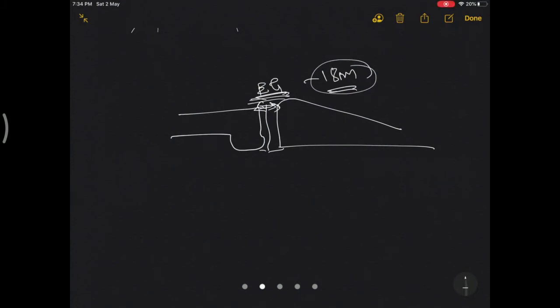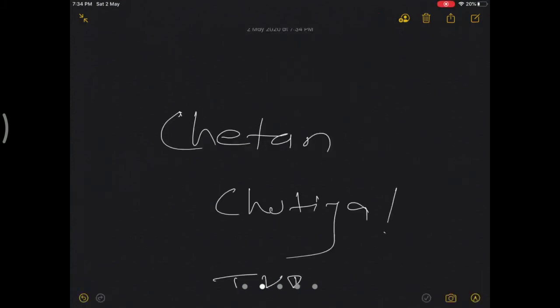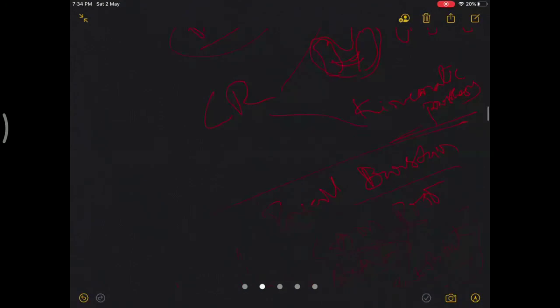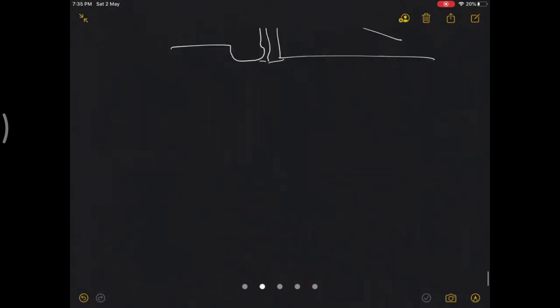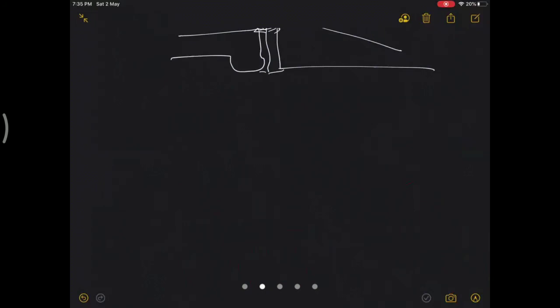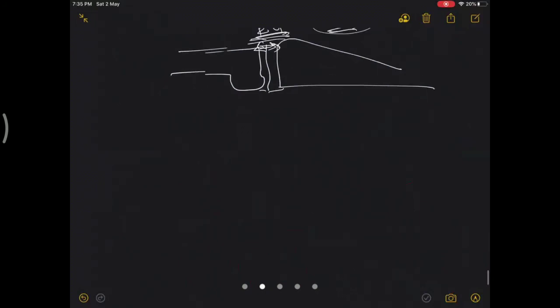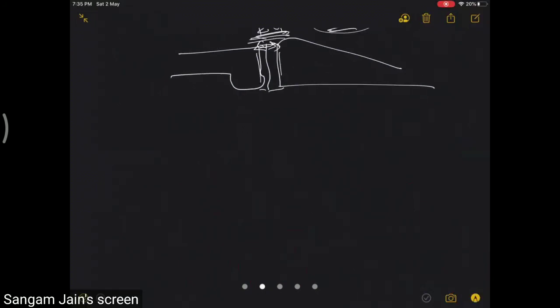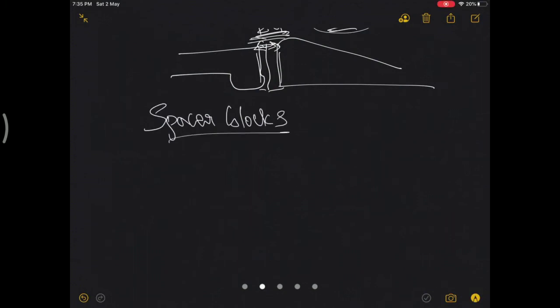Now you will measure it. You have to measure this. You have a simple laminar spreader which you can use with the gradations, or you have spacer blocks which you can use, and they are named like 9 mm, 10 mm, like that.